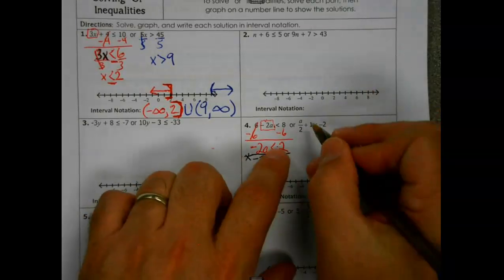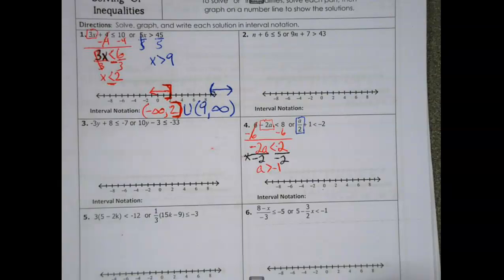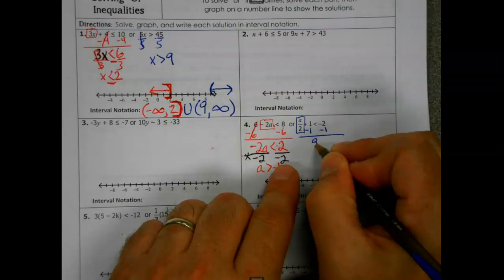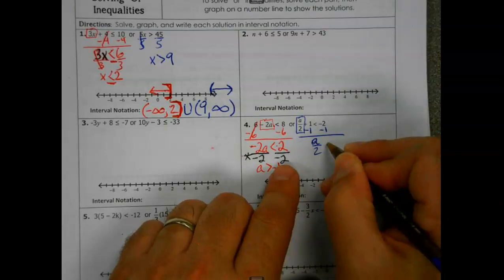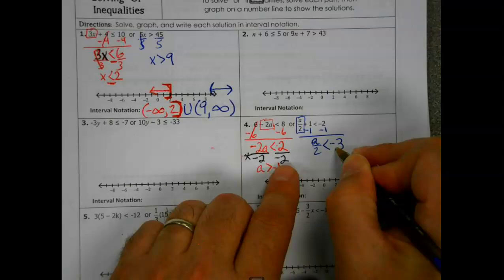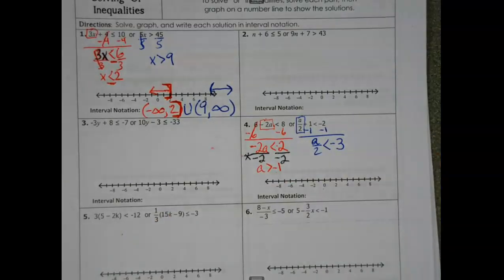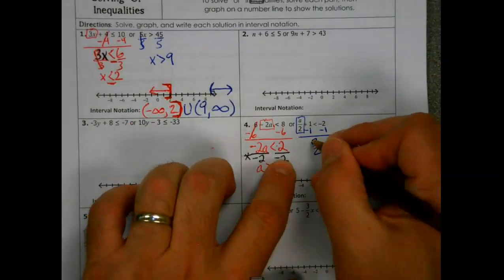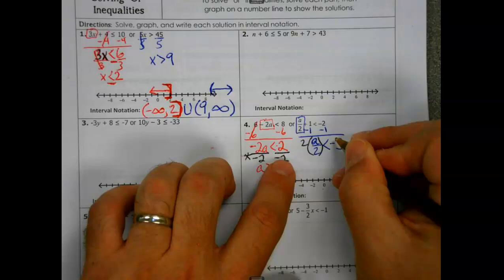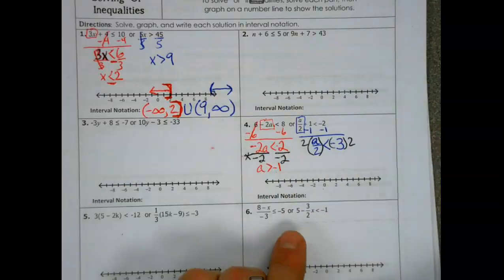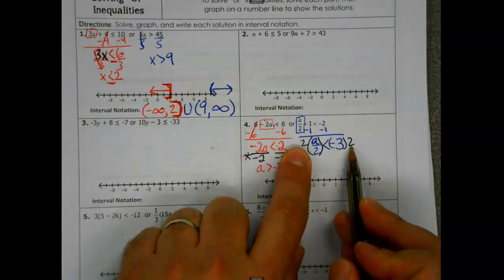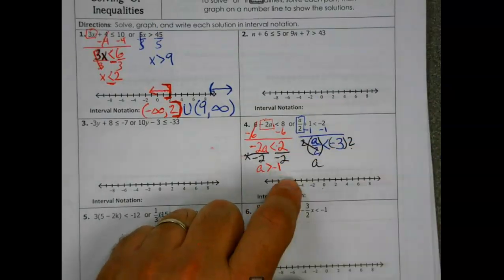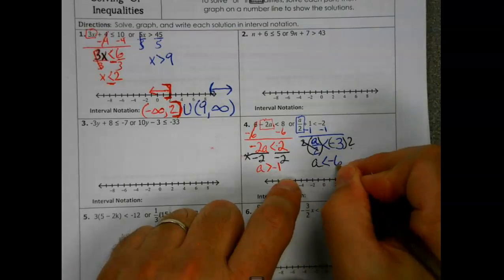And then we come over here, and we do the same thing. Now this time, I've got A divided by 2, so I'm going to do the opposite and multiply, but I'm multiplying by positive 2, no flippage here. That would only have been if I did by negative 2, and I'm not.